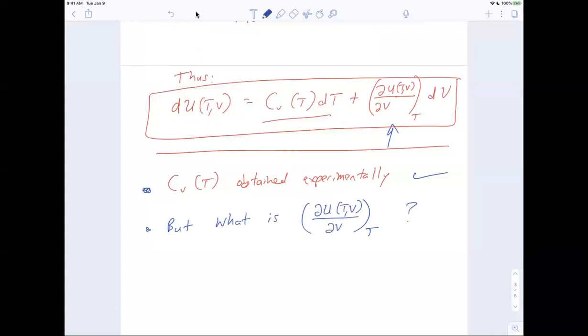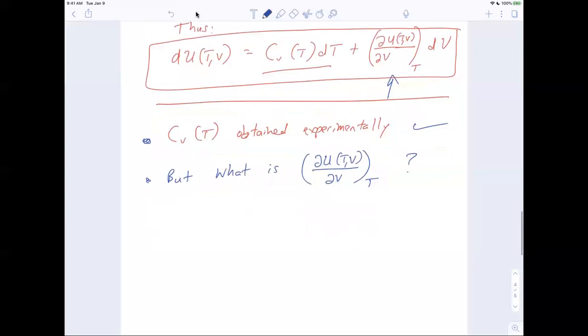We haven't seen this before. Is there any way that we can get at this experimentally? We're going to answer that question next. And the answer, of course, is yes. The way we do that is the Joule free expansion experiment.